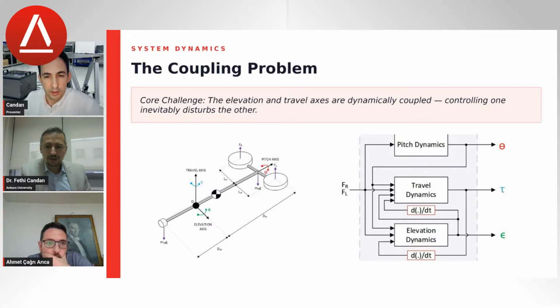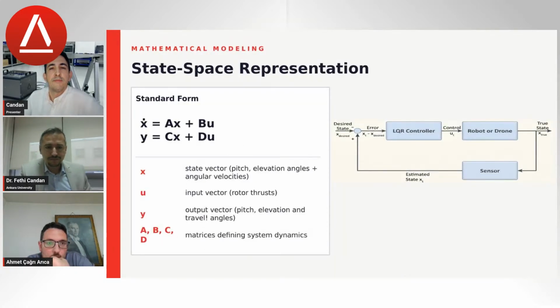Okay, and in the next slides, considering the engineering lectures, in the classical lectures we learn about the general state space representation. Considering the standard form, we have x dot equals Ax plus Bu and y equals Cx plus Du. So what does that mean? These A, B, C, D, x, and y.